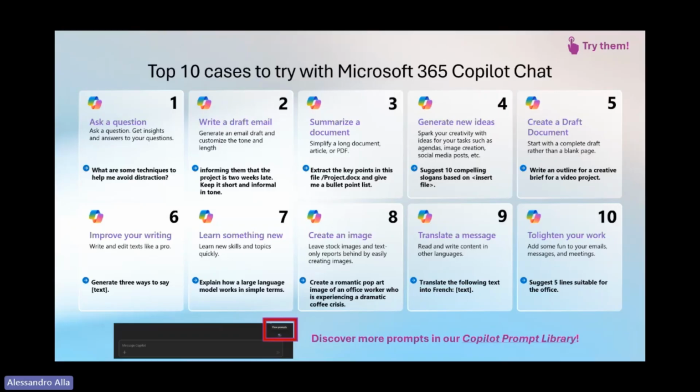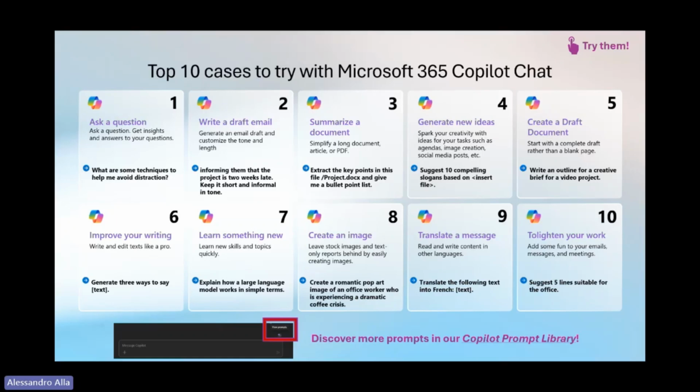We can summarize content, so if we have a big document, you can add it to the Copilot chat and ask to summarize. As you saw before, in the next months we will have this feature already in Word.